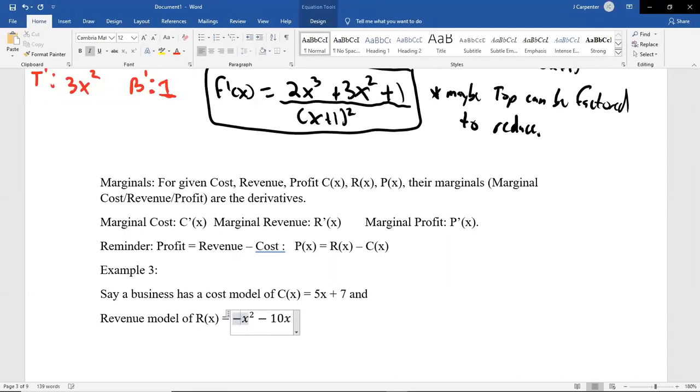I have my signs backwards. Find the profit function, then all 3 marginals.